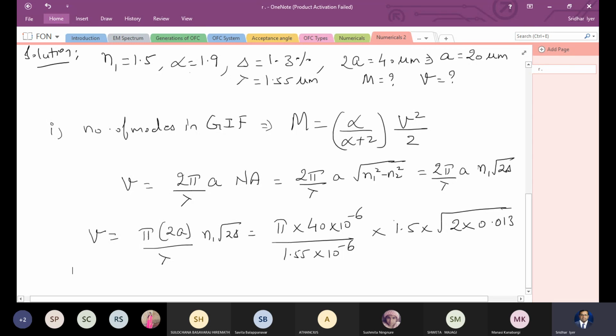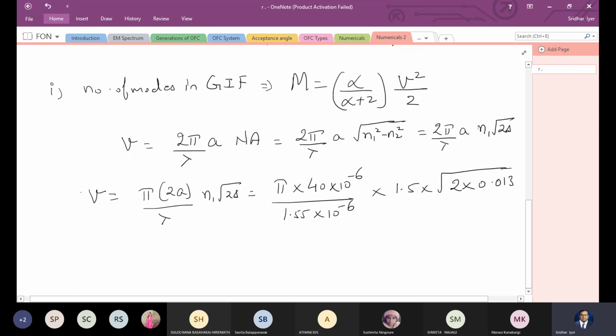Right. So with these parameters inserted, now we can calculate the value of V. So let me do that. First up, I'll cancel this 10 raised to minus 6 with this 10 raised to minus 6. That makes it easy for us. And that 1.5 here and 1.55 almost cancel.